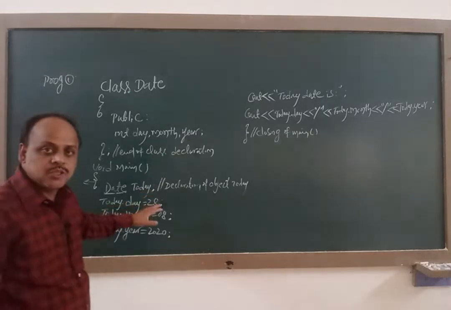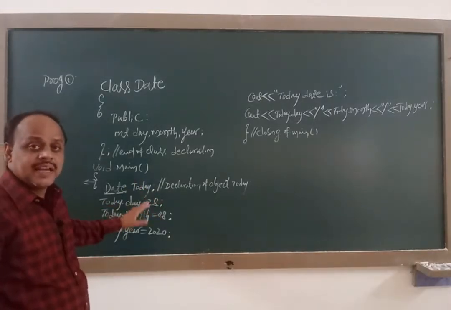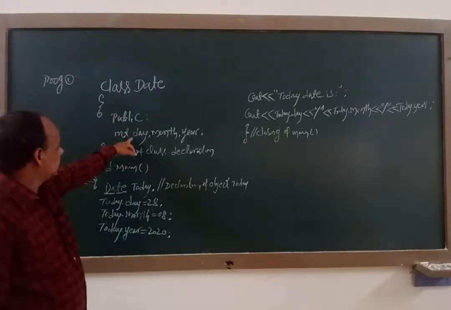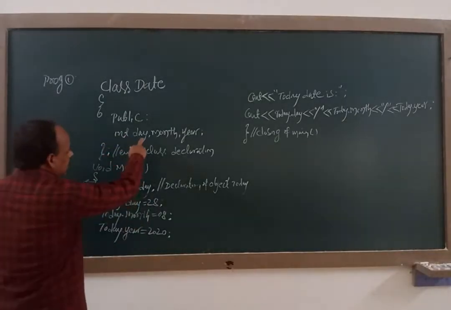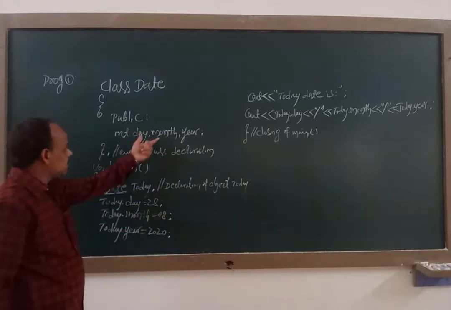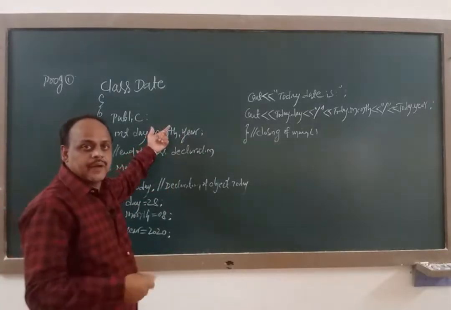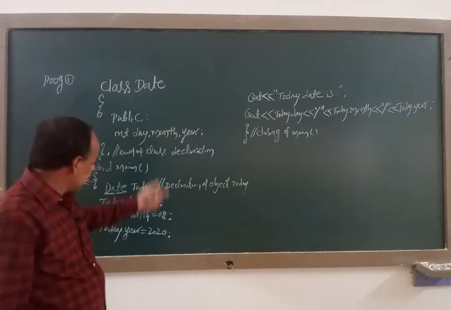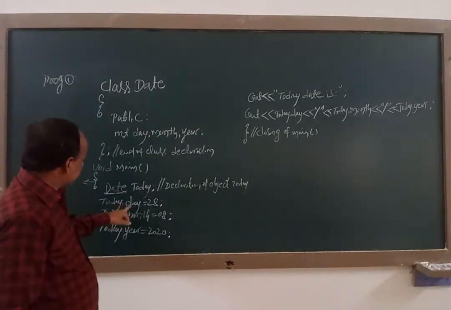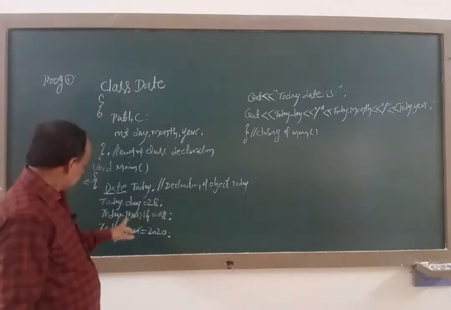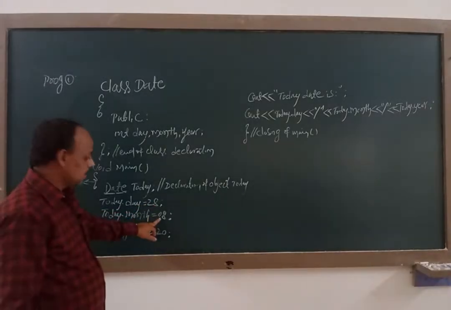Now our aim is to assign values to the data members. The data members are day, month, year. Therefore I am assigning today dot day is equal to 28. Today dot month is equal to 8, and so on.